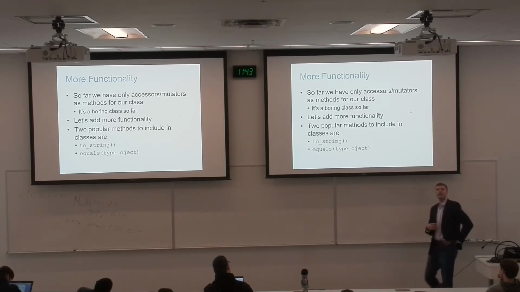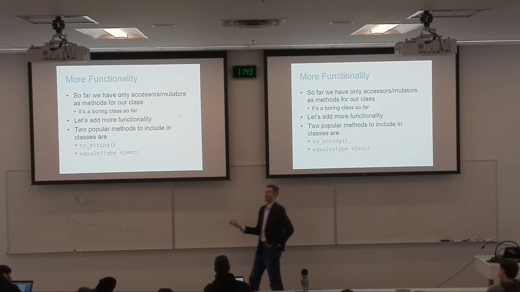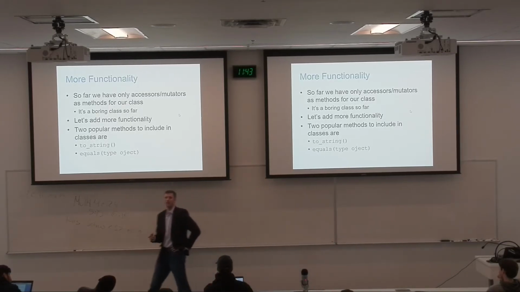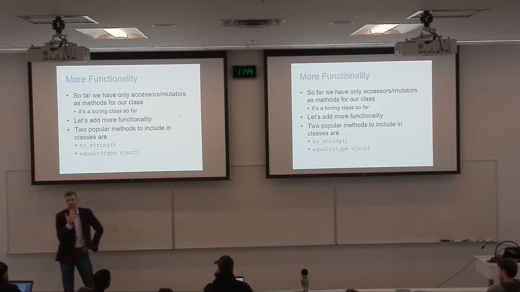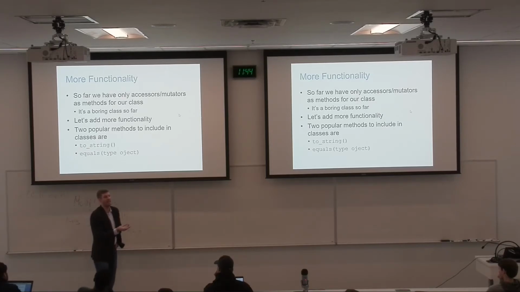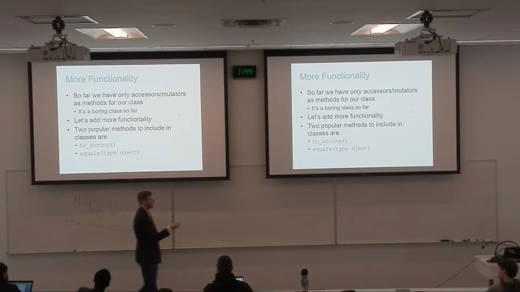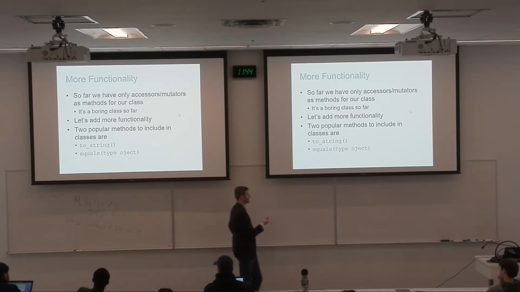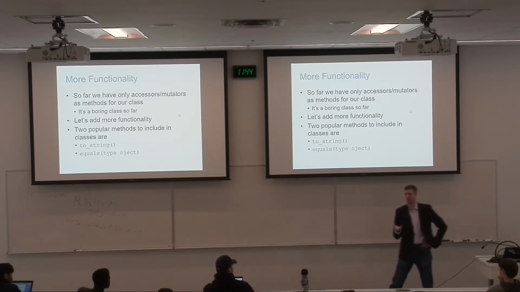toString is a very common method that you would write for your classes. Say you've got a student object. It might be handy, as the programmer, at some point to get some sort of string representation of what that object is, right?